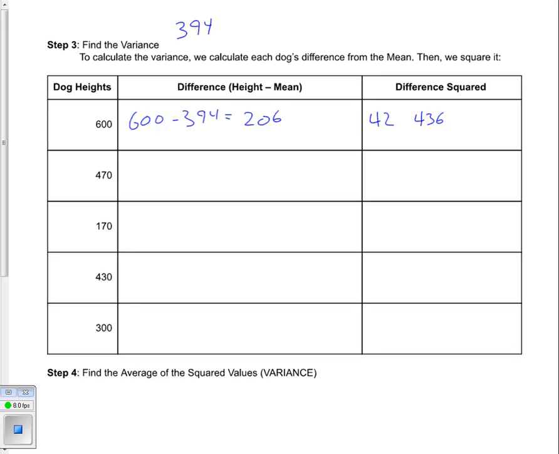Then we'll do 470 minus 394, which is equal to 76.